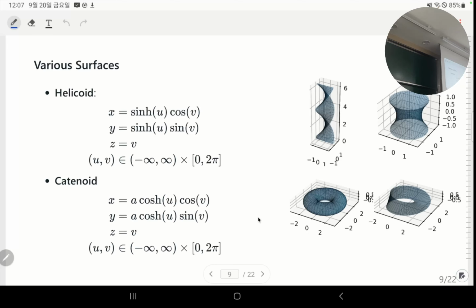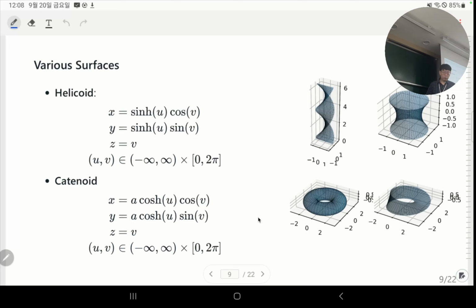So there's no meaning of ranging v to infinity because it's going to iterate periodically. Oh, by the way, z gives you the height. So u gives you the width of the wing of this helicoid here.